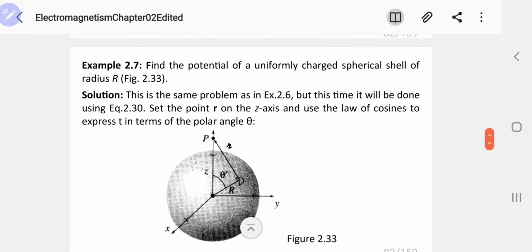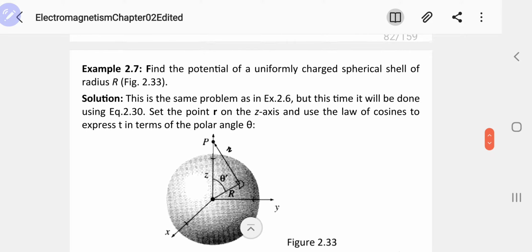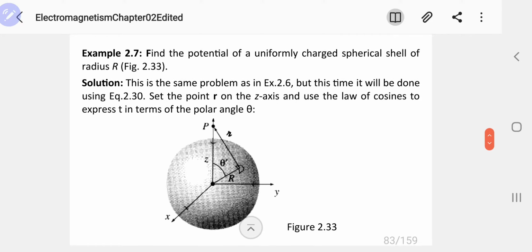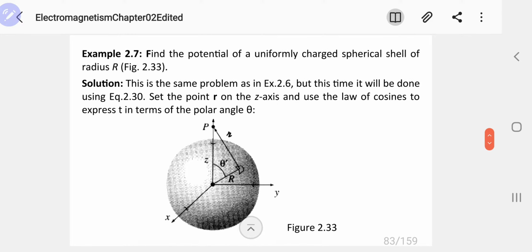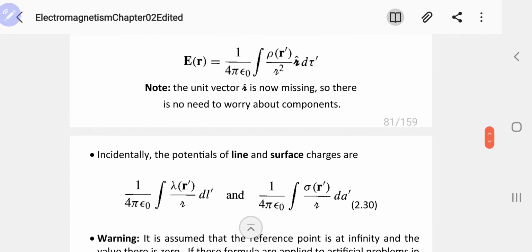Now we'll deal with example 2.7. Here we're going to find the potential of a uniformly charged spherical shell of radius R. We talked about this in example 2.6, but this time it will be done using this formula.